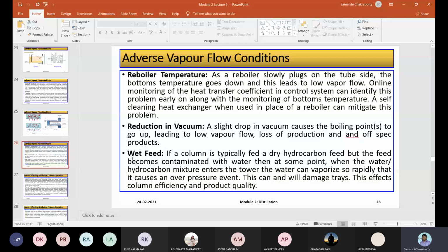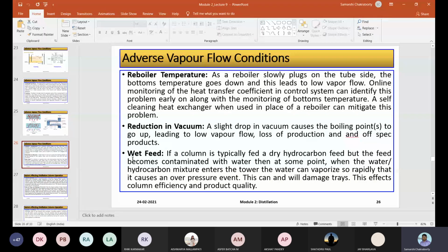Other than that, reboiler temperature. As a reboiler slowly plugs on the tube side, the bottom temperature goes down, because if your system has too much suspended solid, the heat transfer efficiency of your reboiler goes down with gradual deposition or fouling.